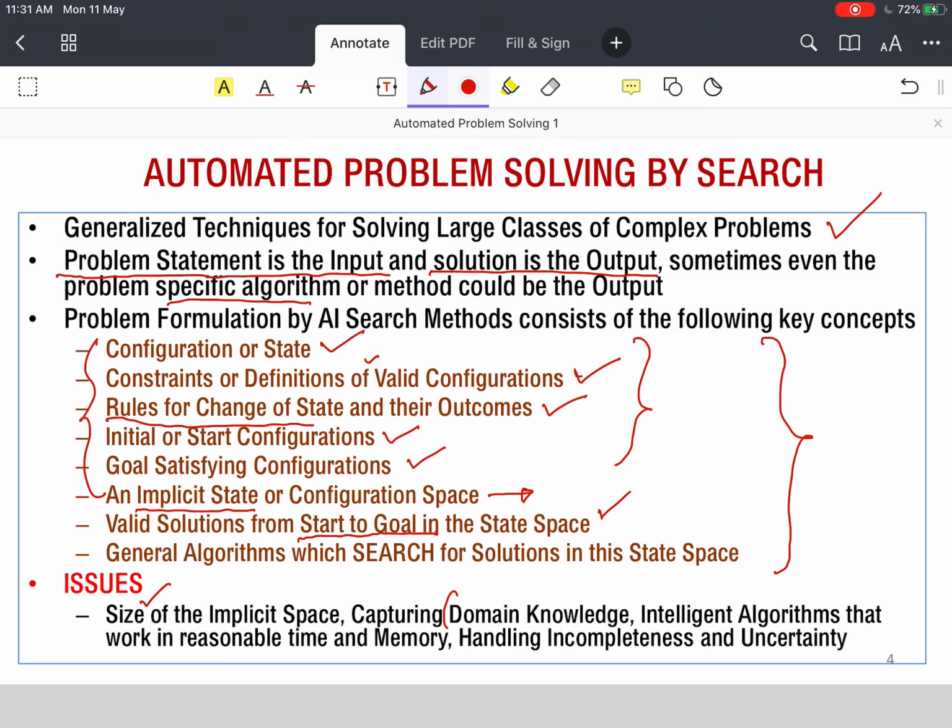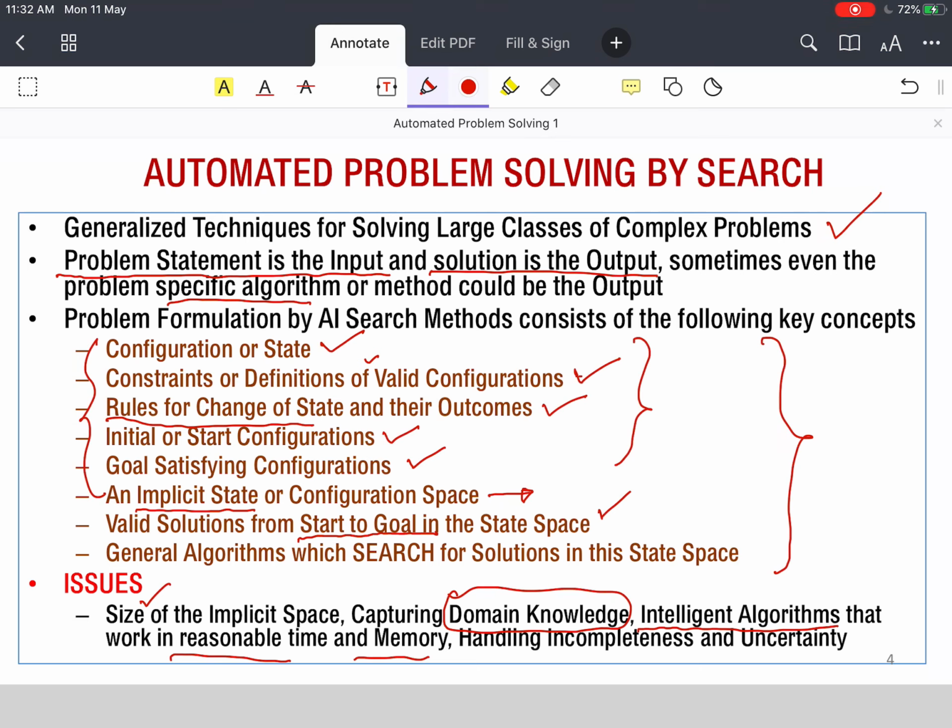How can we capture domain specific knowledge in our system? And finally, we need to find intelligent algorithms that work in reasonable time and memory. And then we have many other issues of incompleteness and uncertainty that we face in real life.